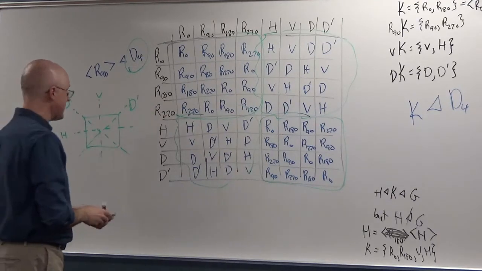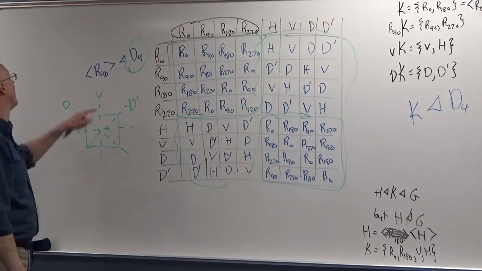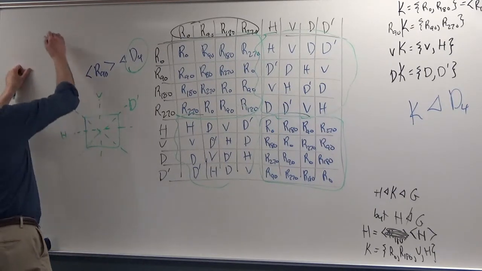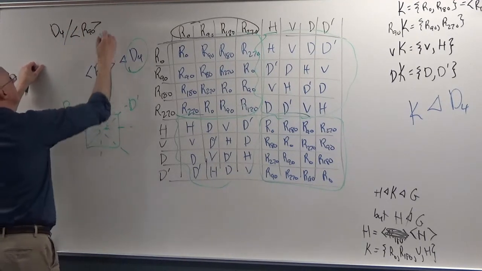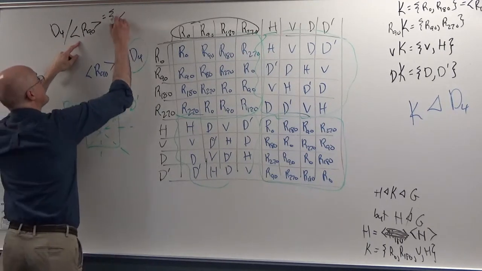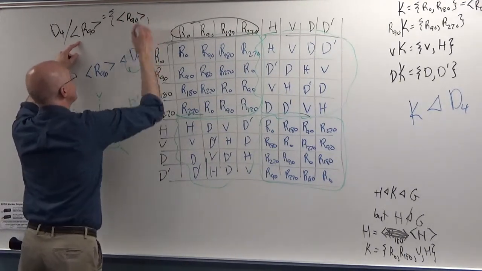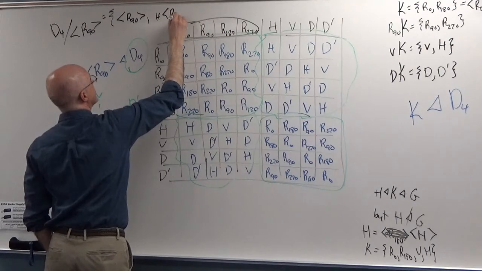If you identify the collection of rotations with this subgroup, which is part of the factor group of D4 mod the cyclic subgroup R90, it's got 2 elements because we have 8 elements in there and 4 elements in there. 8 divided by 4 is 2. What are those 2 elements? One of them is the subgroup itself, thought of as a coset. And another one is, well, I could write it like this. Say, for example, H R90.